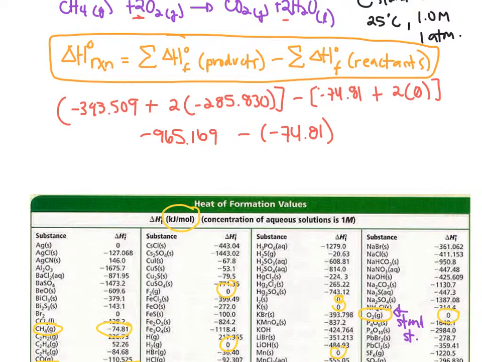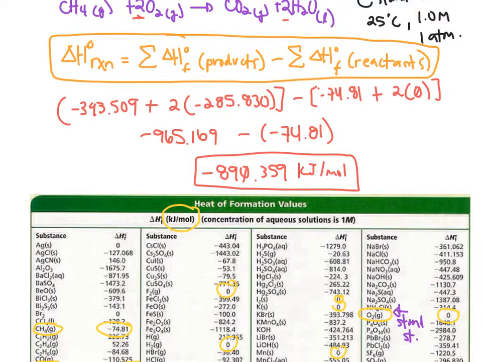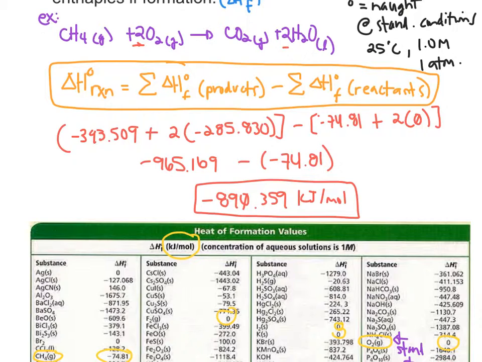And what I get for my final answer is negative 890.359 kilojoules per mole. So there's my enthalpy of reaction at standard state, standard, one molar aqueous solutions, 1 atmosphere pressure, 25 degrees Celsius, for the combustion of methane.